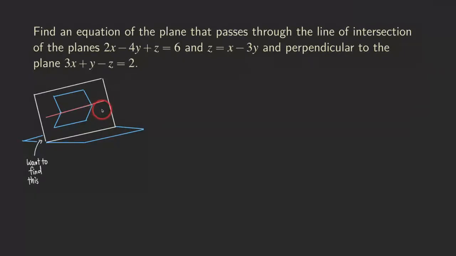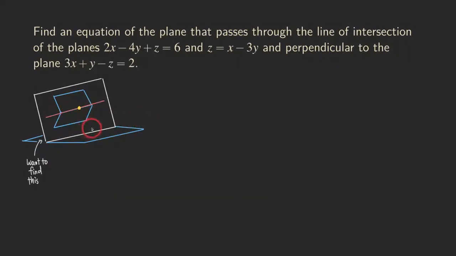It's actually quite easy. Once we find this line, we can find a point that's lying on this line. And if there is a point that lies on this line and the plane contains this line, then we have a point that lies in the plane that we're trying to determine. So the point will be just any point that's lying there. That's what we're also going to find here.